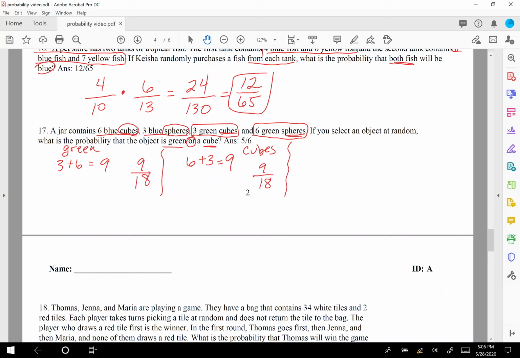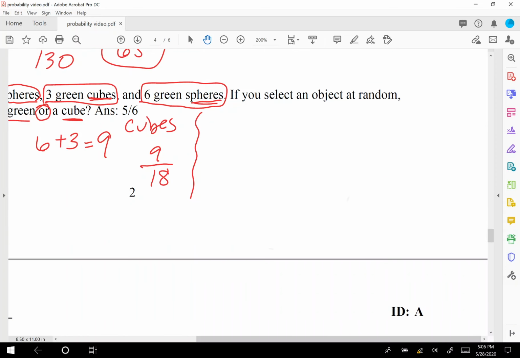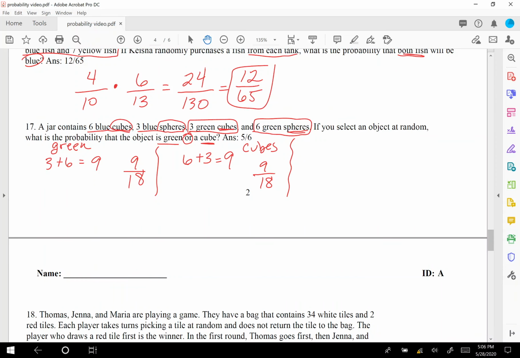So you might say, okay, 9 out of 18 plus 9 out of 18, that's 18 out of 18. Well, here's the thing though. We've actually double counted something. Do you see how it says green or a cube?